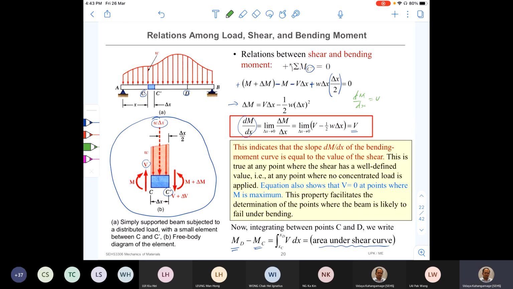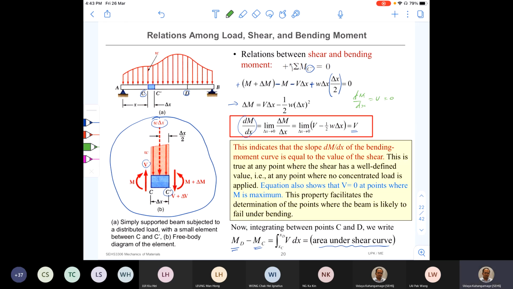So what if dM over dx, V, is equal to 0? Shear force is 0. When shear force is 0, the slope of the bending moment curve becomes 0. In your mathematics, you should have learned that when the slope becomes 0, that is a maximum point or a minimum point.